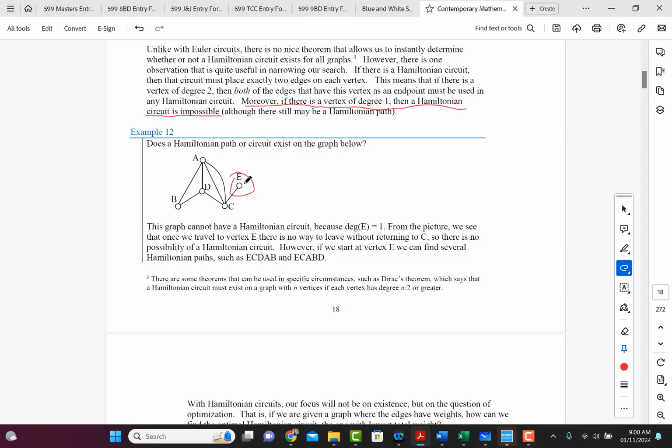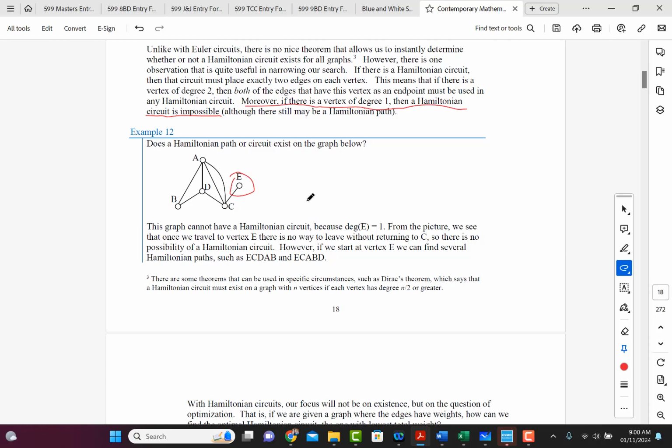If we start with E, we can't go back to E without first hitting at least one vertex more than once, namely C. And we can't start with any other vertex because as soon as we hit E, we're going to have to hit C twice. So that's why it's impossible.